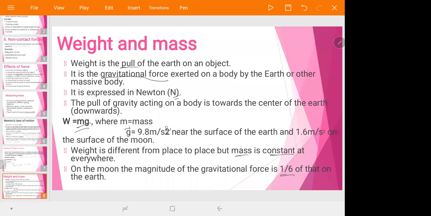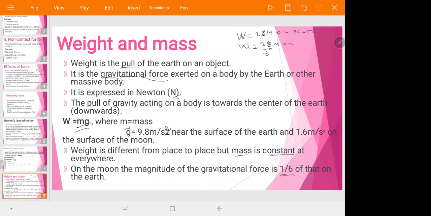For example, if the weight of a body, or gravitational force, is 18 Newton on earth, what about on the moon? 1/6 of this means 18 divided by 6.